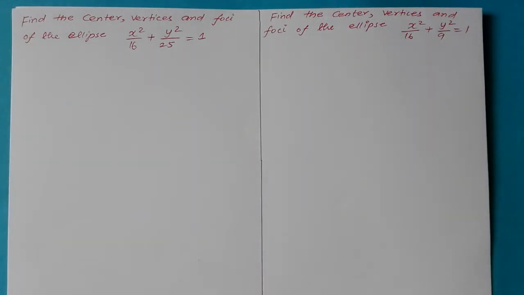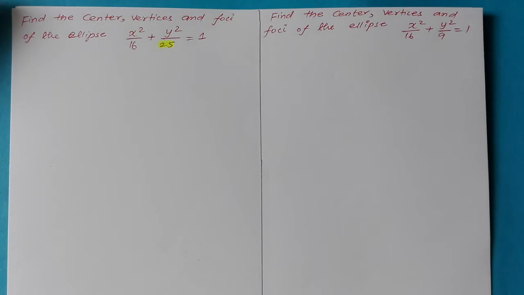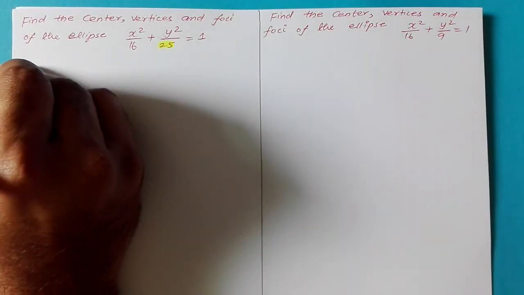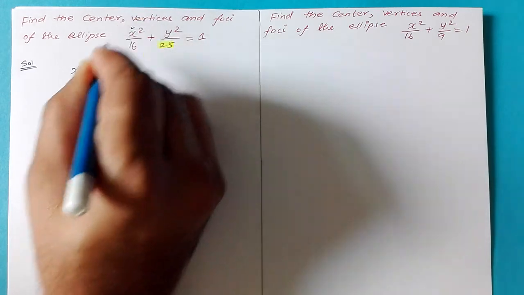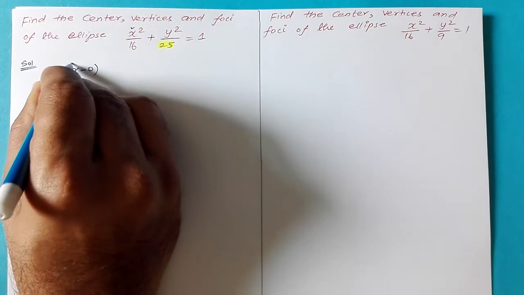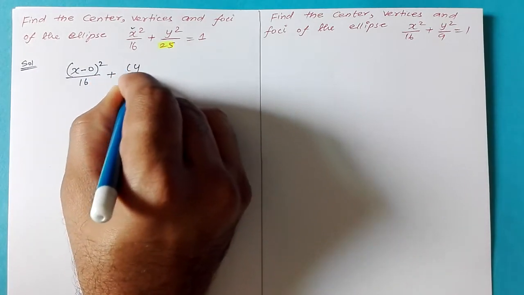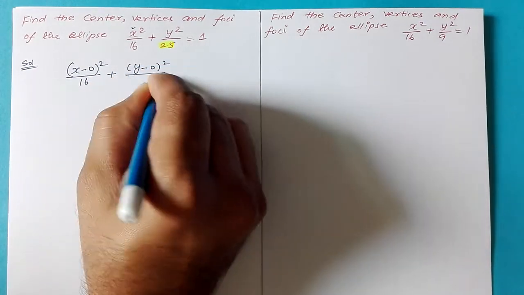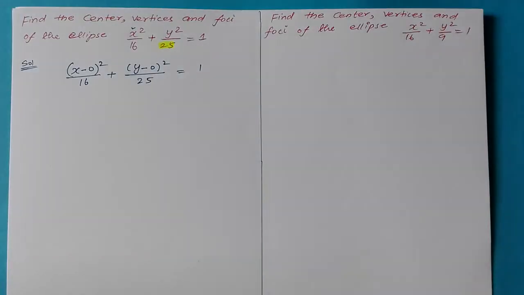Now what is the bigger term first? The bigger number here is 25. So I have to write this in the standard form. What is the standard form here? I can write it as x minus 0 whole square over 16 plus y minus 0 whole square over 25, which is equal to 1.